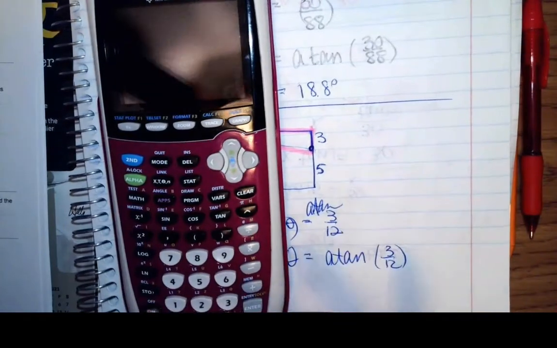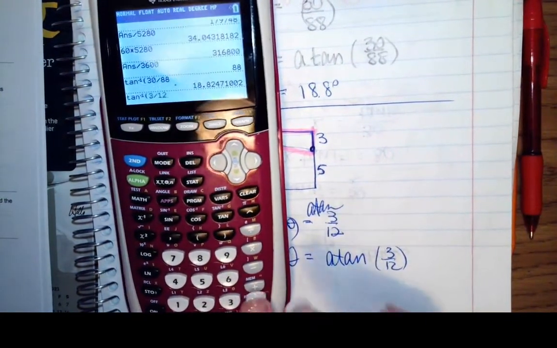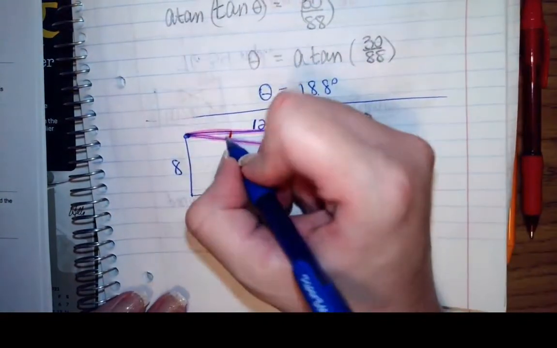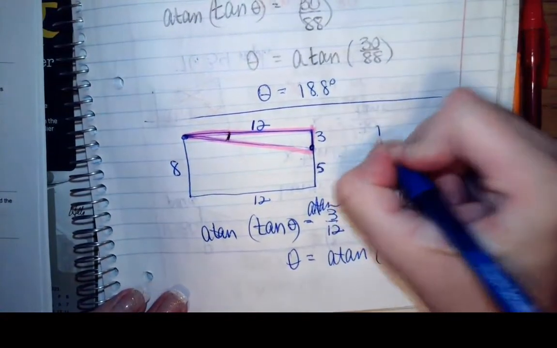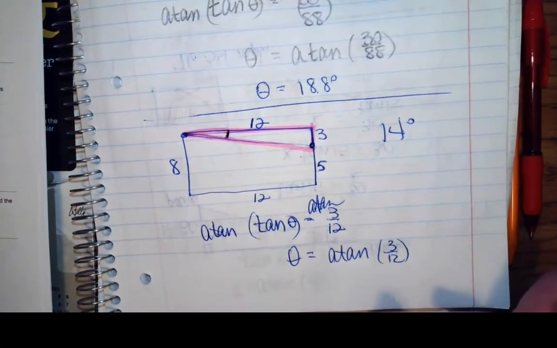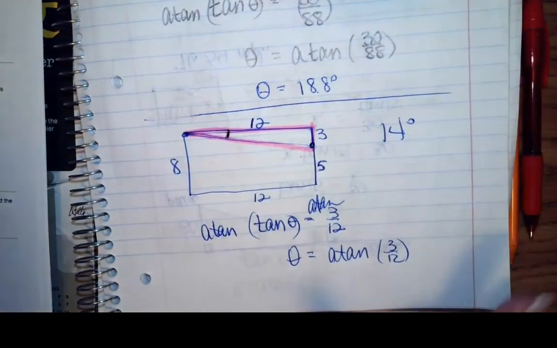It's going to give you the same answer. So I have the arctangent of 3/12, and I get 14 degrees. So this angle measure right here must have dropped down 14 degrees. So for angle of depression, you don't have to put negative 14, because angle of depression tells you it's dropping down. All right, so let's try some more.